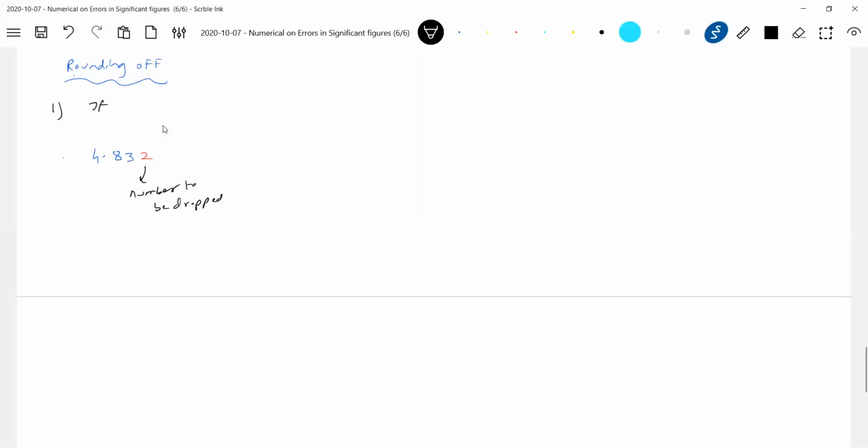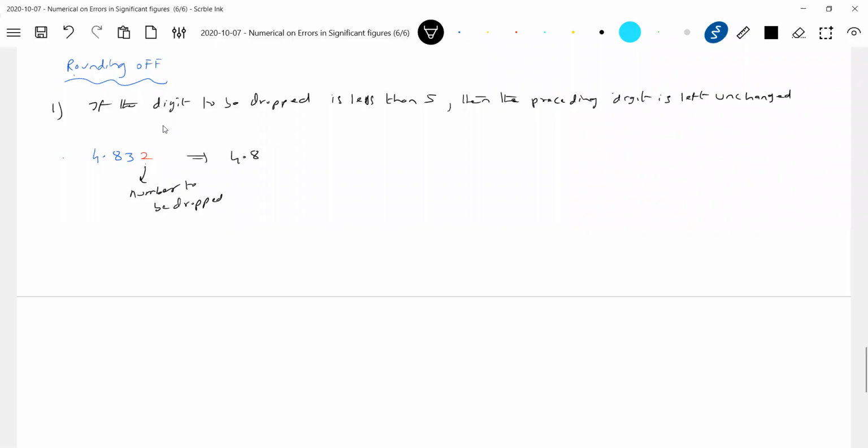First one: if the digit to be dropped is less than 5, then the preceding digit is left unchanged here. Okay, now the number to be dropped is 2, it is less than 5. So this will become 4.83.